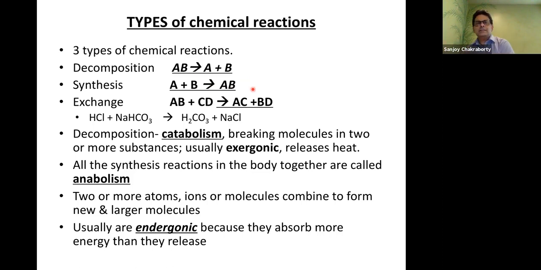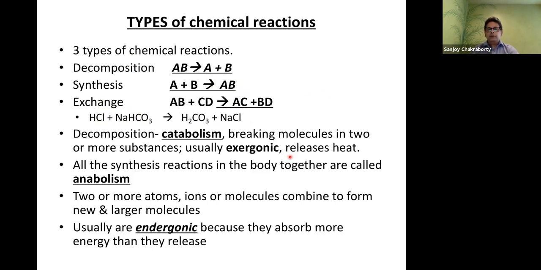You're synthesizing something, so you're making something. Exchange, for example, hydrochloric acid and sodium bicarbonate together give carbonic acid and sodium chloride, they exchange this. So these 3 are common reactions that we see in biology.